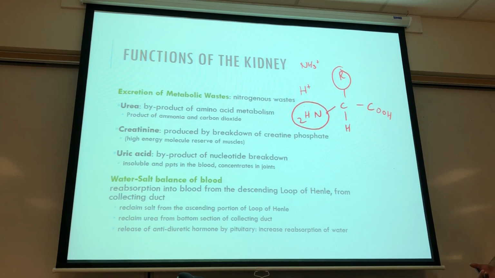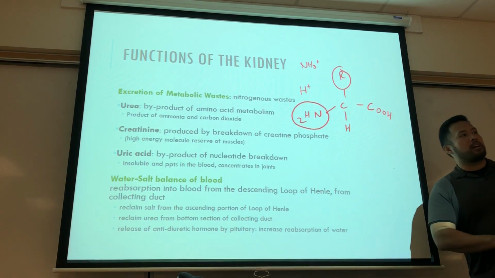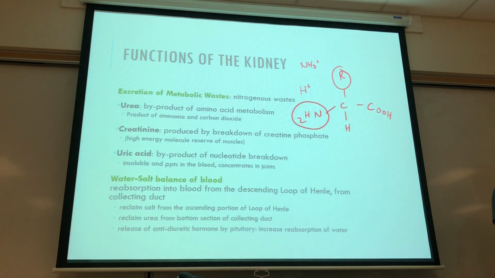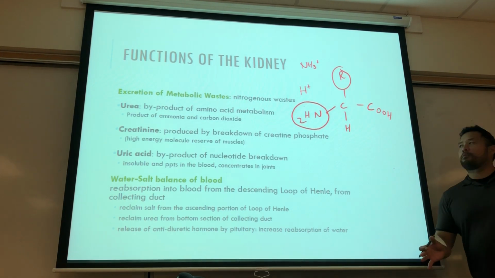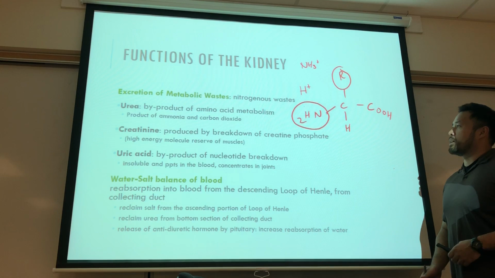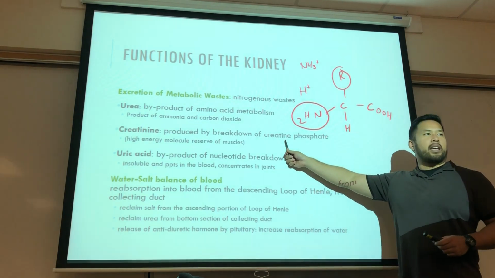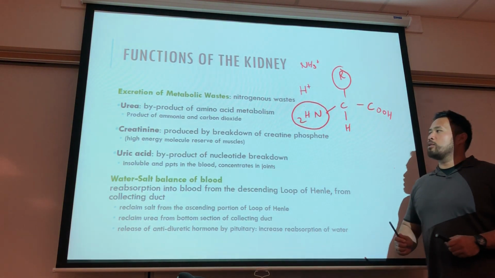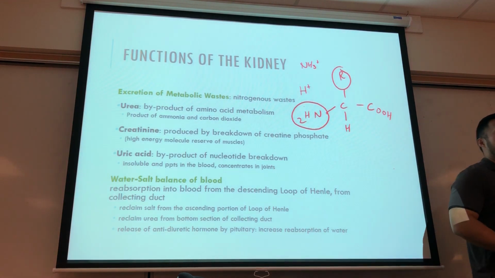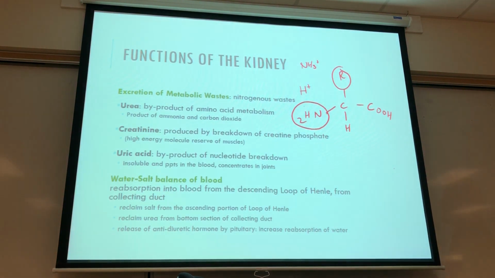I'm just saying, in general, one of the things that's a big thing about people that take in creatine phosphate, and really just applies for everybody as well, even though we have normal levels of creatine phosphate, is that we break creatine down into a product called creatinine. And creatinine is something that the kidneys need to get rid of. So typically, creatinine is something that we can measure in the urine to determine kidney function.